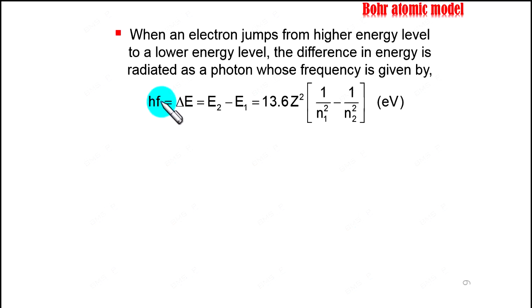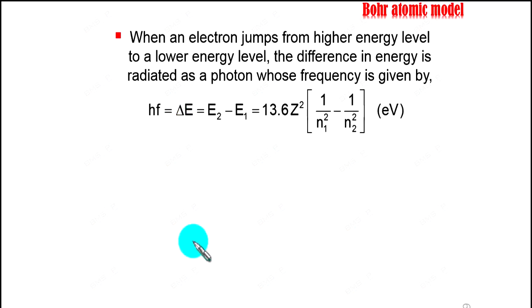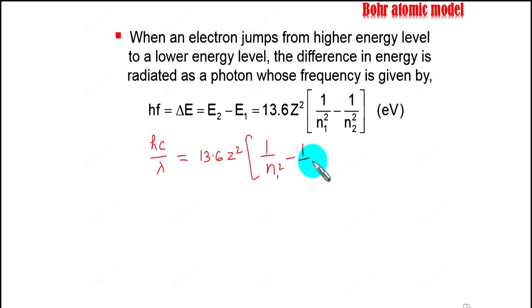We can find the wavelength also. We know we can write f, this f is the frequency, equal to c divided by lambda, and hf is equal to 13.6 Z square times 1 divided by n1 square minus 1 divided by n2 square, in electron volt.